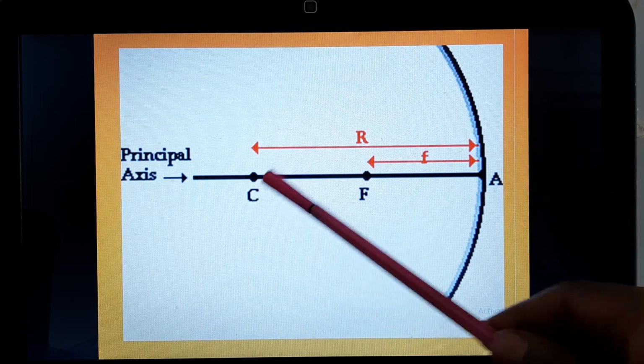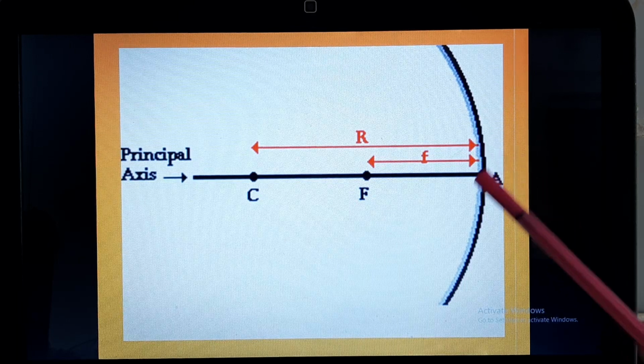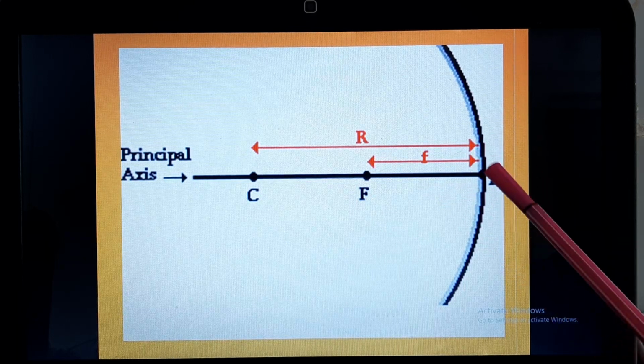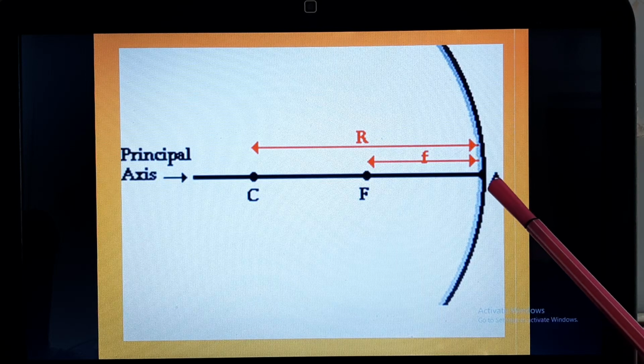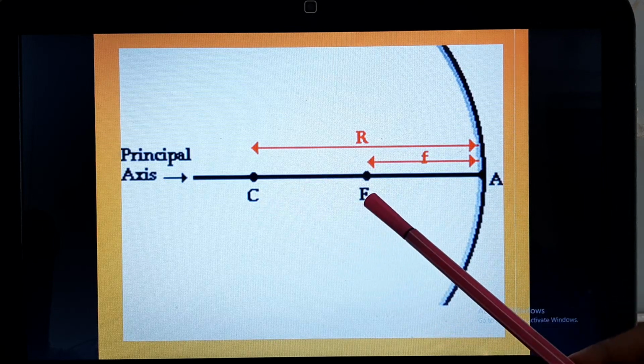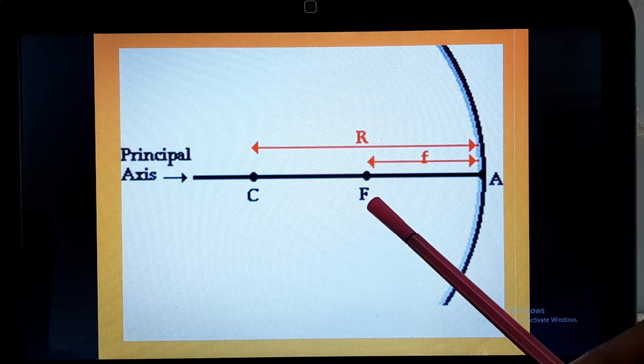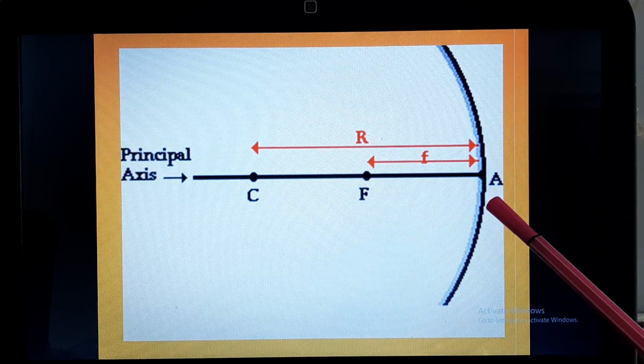This is the vertex because this is the point where the principal axis is meeting the mirror. So half of the distance between the vertex and the center of curvature is known as the focal point, and it is denoted by small f. So the focal point is half the distance between the center of curvature and the vertex.